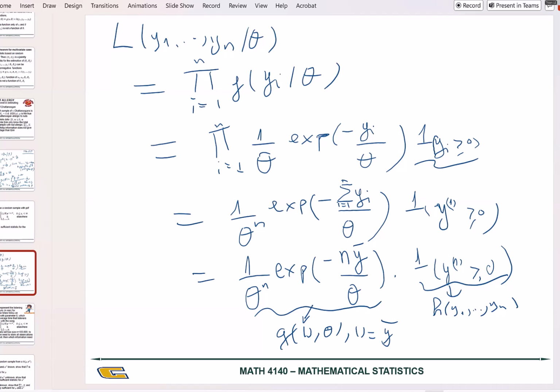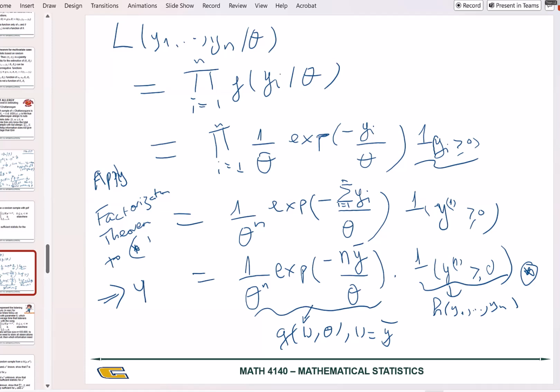So from the factorization theorem, applying the factorization theorem to star, we have that y bar is a sufficient statistic for theta.